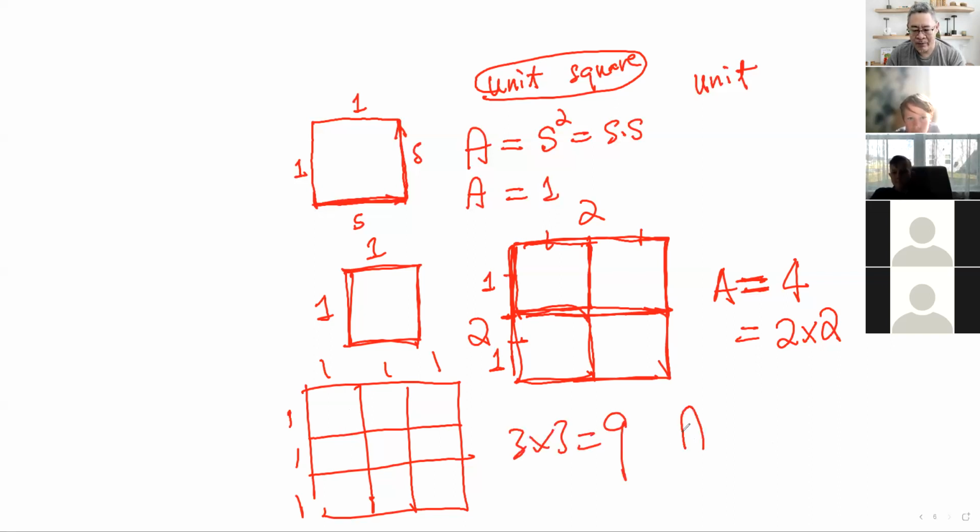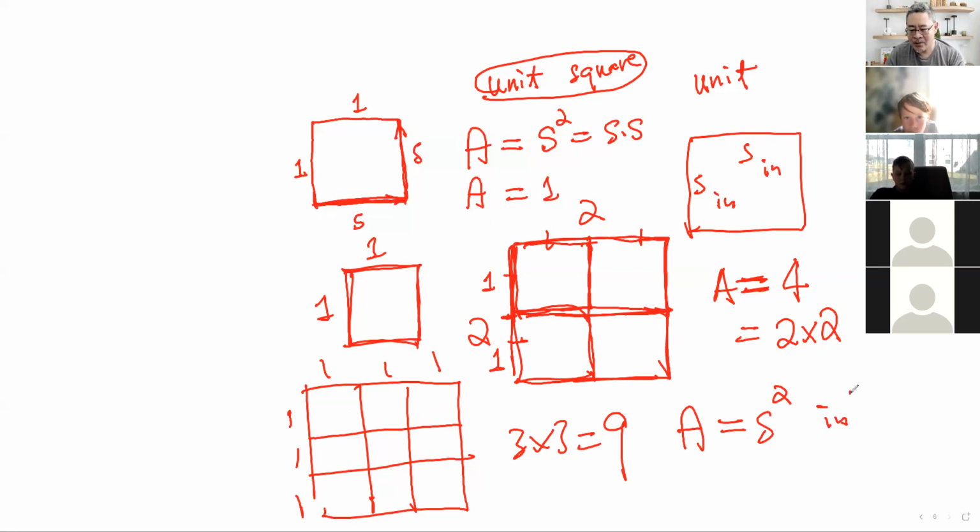So therefore our formula, when we have a square, doesn't matter what square it is, our formula is always the side squared. And depends on the unit. If the unit is inch, then we say it's inch squared, or if the unit is meter, then meter squared. Okay, are we good on here?